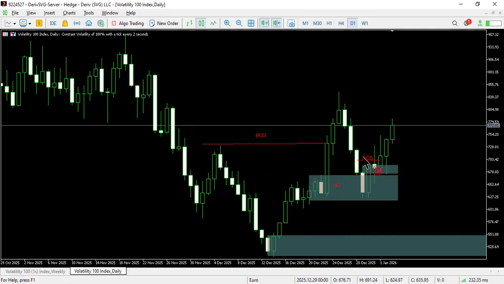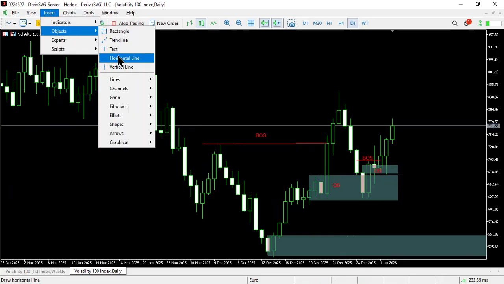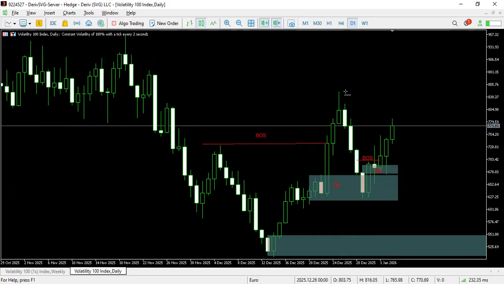So that is the order block. And then I'm waiting for price to go and clear that level. So we have a resistance up there.